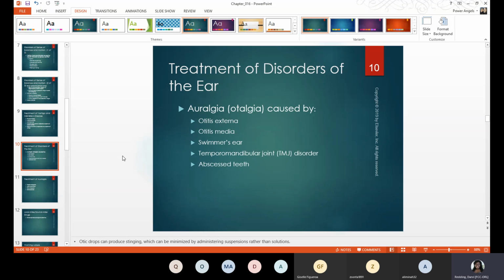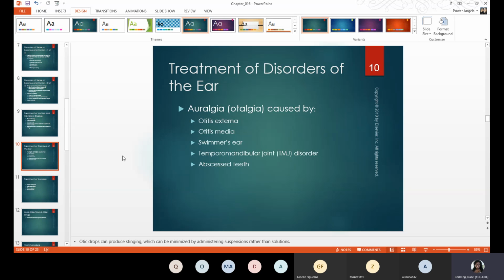The difference between the two liquids is that a solution is more of a clear substance, whereas a suspension might be cloudy. We'll get into more of the suspensions and the solutions as we continue, but I just wanted to go over the examples of those two.